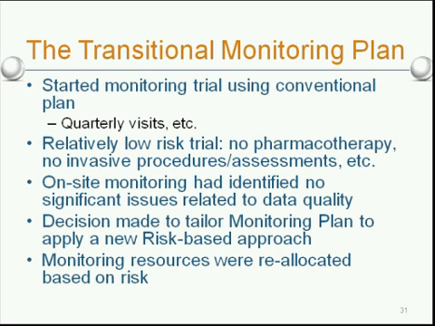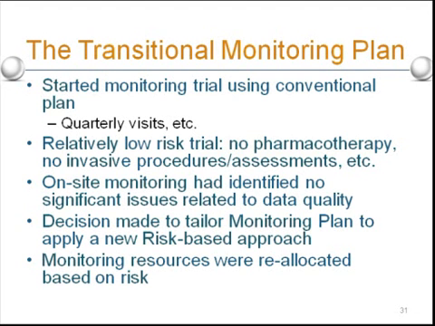We had to really identify whether our on-site monitoring was identifying any significant issues related to data quality. We weren't finding many. We were repeatedly looking at the lengthy assessments, and we were finding a small number of errors related to the amount of data being collected. So we made a decision.